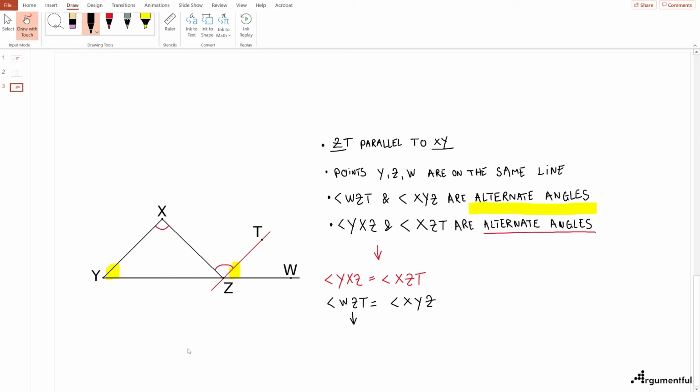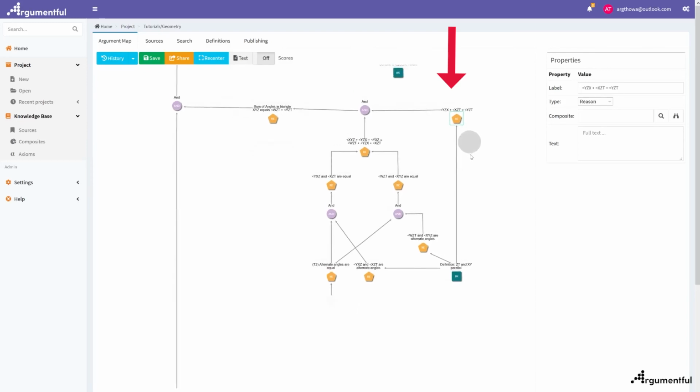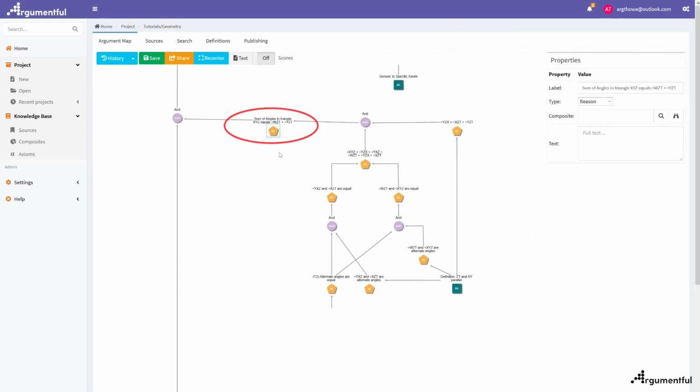Thus, the sum of the angles in the XYZ triangle, angle XYZ plus angle YXZ plus angle YZX, equal angle WZT plus angle XZT plus angle YZX. I've added this subconclusion here. But by definition, angle YZX plus angle XZT equal angle YZT. So the sum of angles in triangle XYZ is angle WZT plus angle YZT.